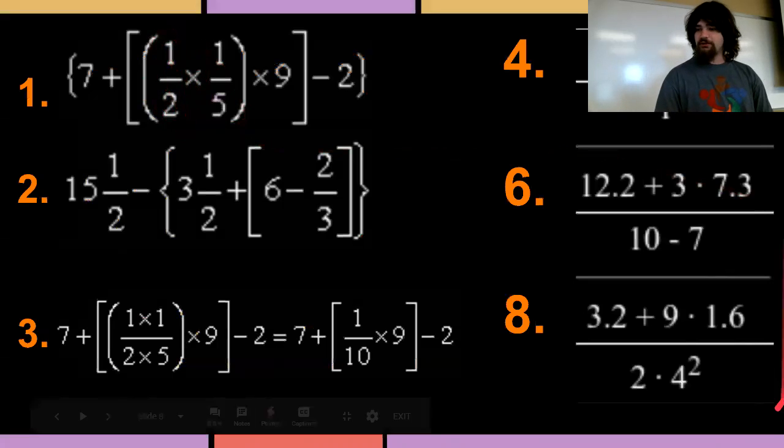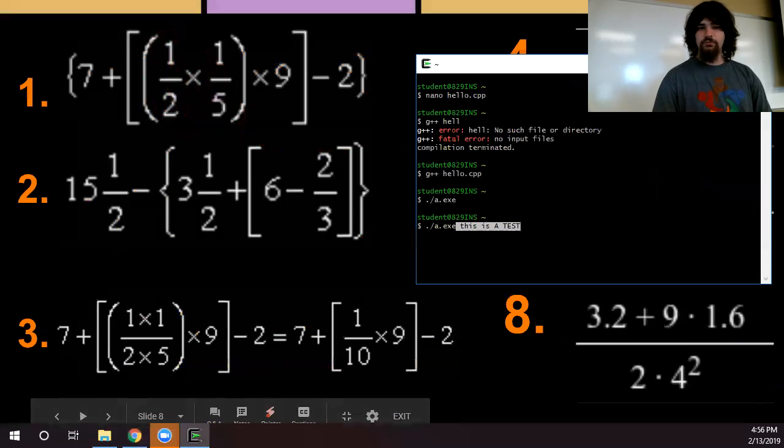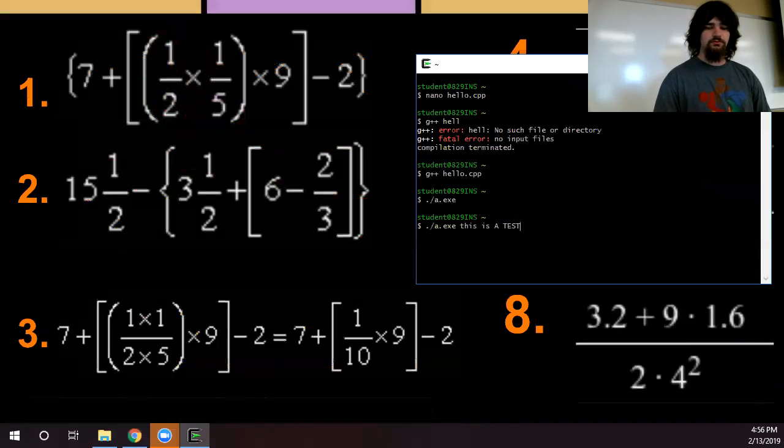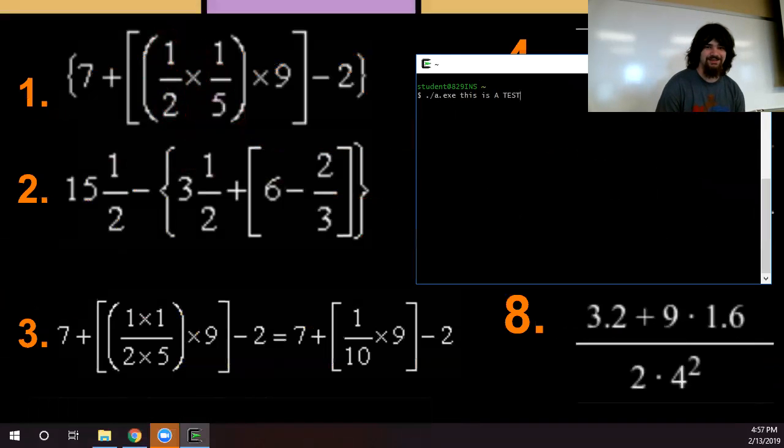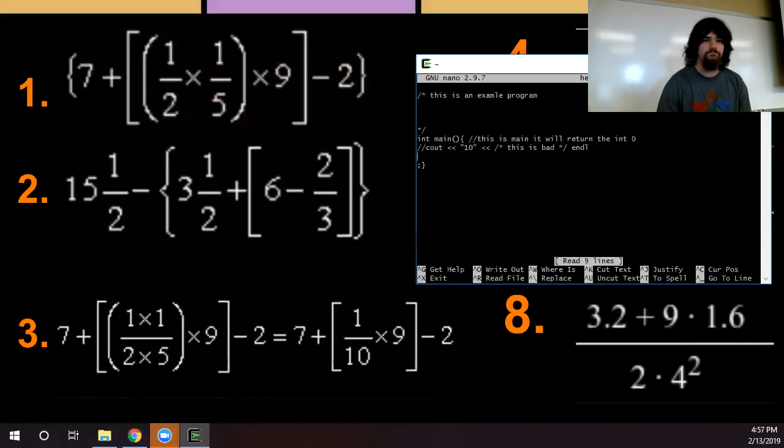When you're coding, if I was to write this expression, I would say the literal of 7 plus, and then parentheses, because I want to group those things together.